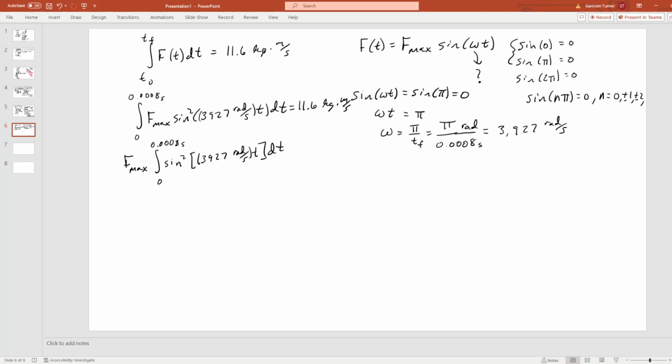So if I tell Wolfram Alpha, integrate sine squared of 3,927 times t from 0 to 0.0008, I get 0.00039999 repeating.